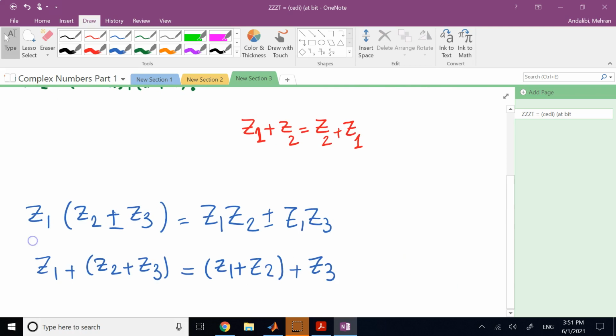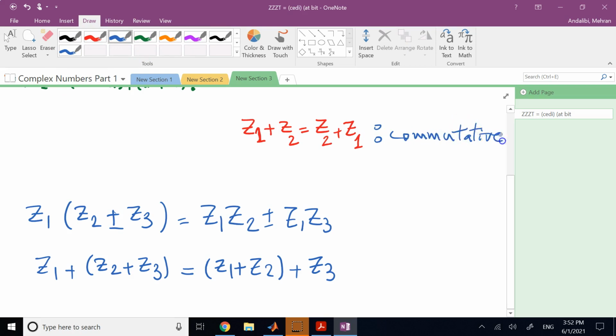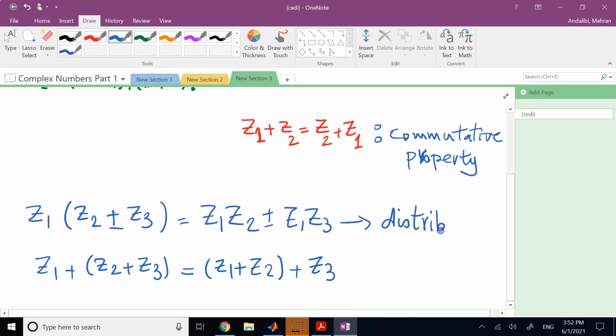Okay, so you see you have these important properties. If you remember, this guy was called the commutative property. This guy was called the distributive property.